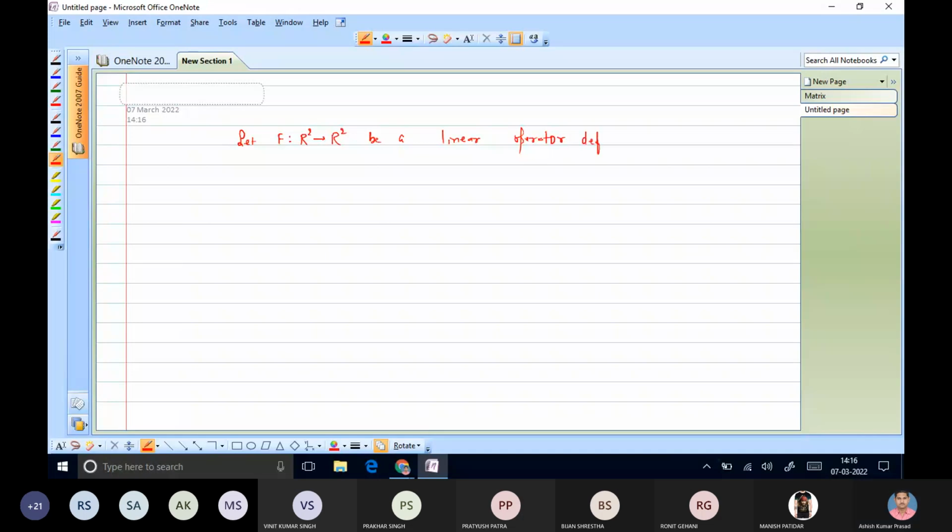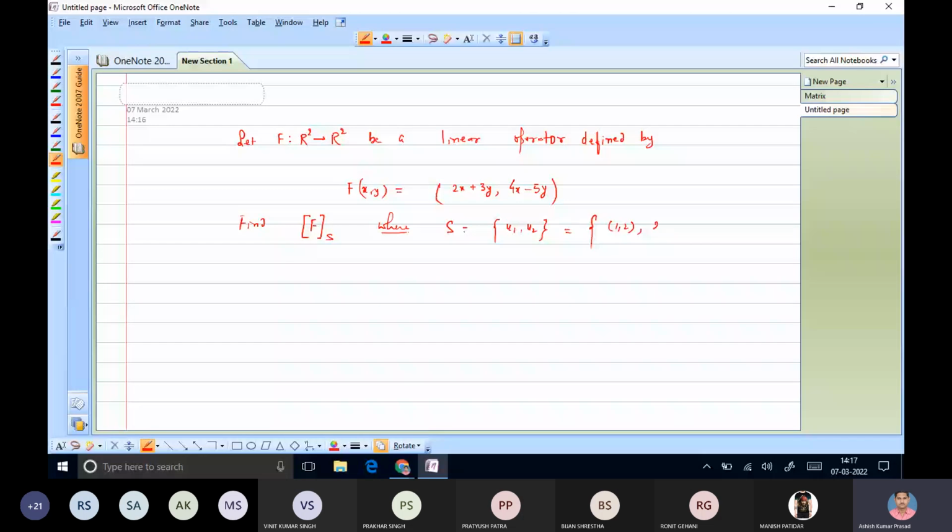So let F from R square to R square be a linear operator defined by F(x, y) equal to (2x plus 3y, 4x minus 5y). Then my question is to find the matrix representation of F related to the basis S, where S is given by U1, U2, where U1 is (1, 2) and U2 is (2, 5).